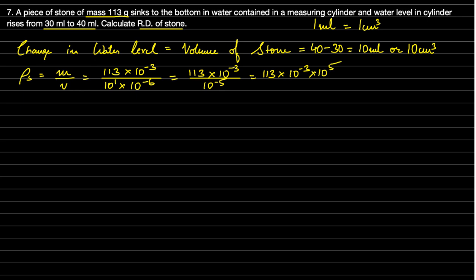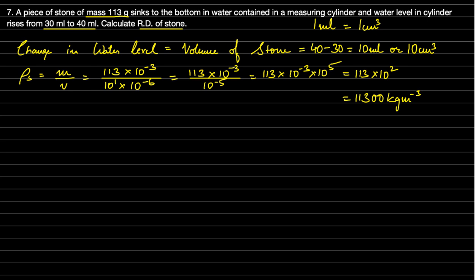So now we have 10 to the power of minus 3 plus 5. So minus 3 plus 5 would give us 10 to the power of 2. So I can write it as 113 into 10 to the power of 2, and that is nothing but 11300, and since it is density, it's going to be in kg per meter cube. So that is the density which we have got.